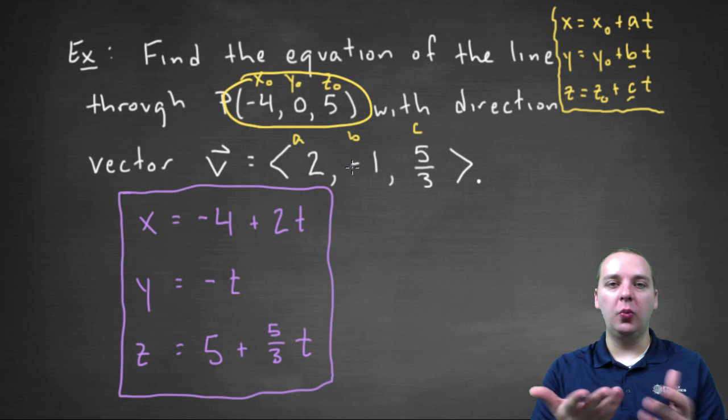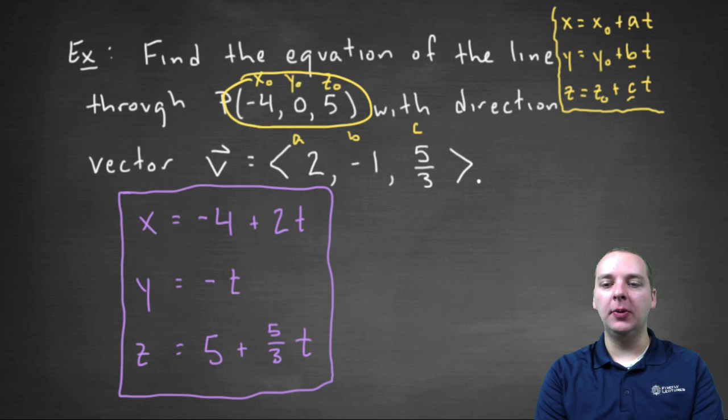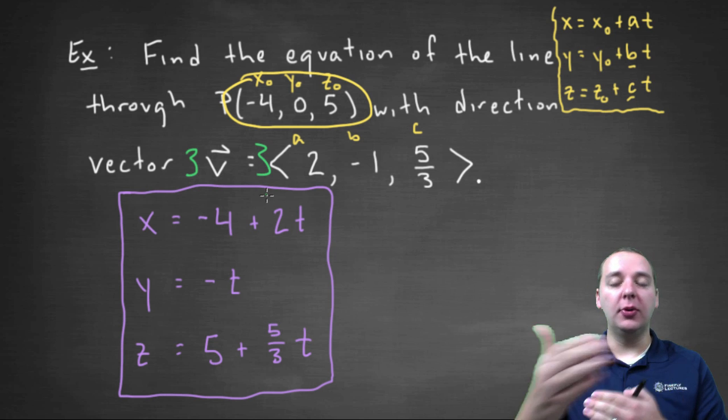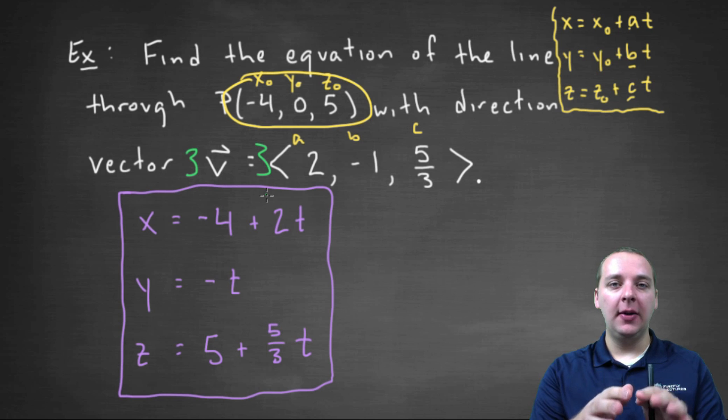Now, why do I care? What's the point of mentioning that to you? Well, look at this vector here, 2, negative 1, 5/3. Wouldn't it look a lot better if this wasn't a fraction? So what we can do is we can actually triple this vector. We just multiply it through by a scalar of 3. It'll be 3 times longer than it currently is, but that's okay.